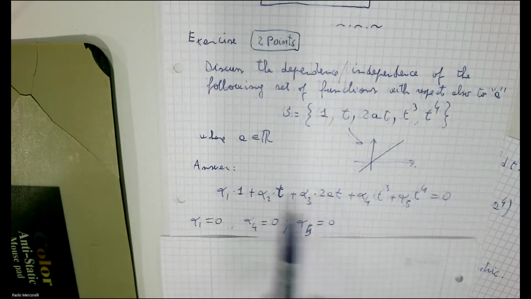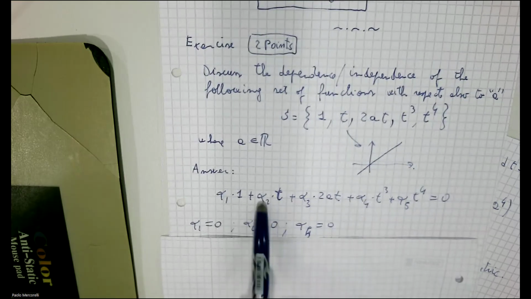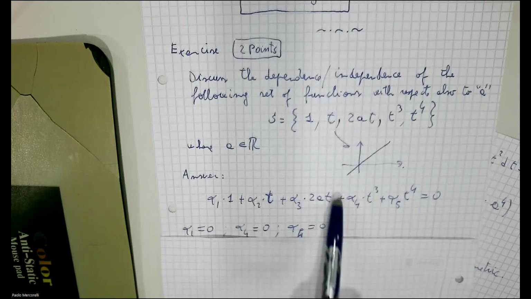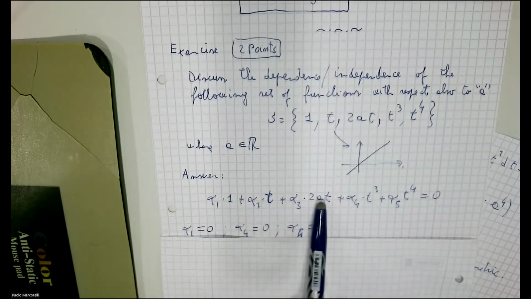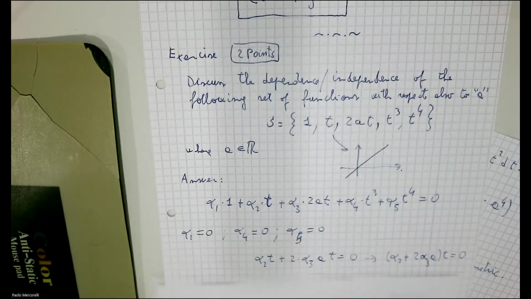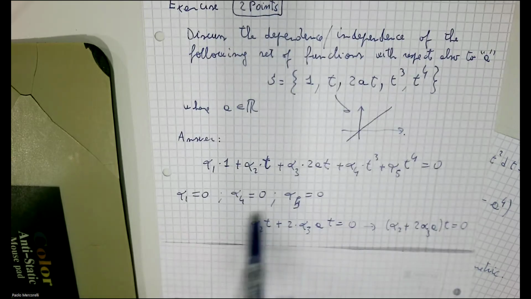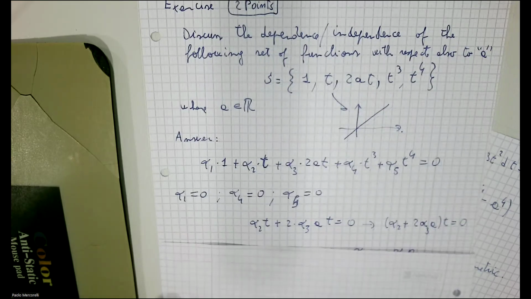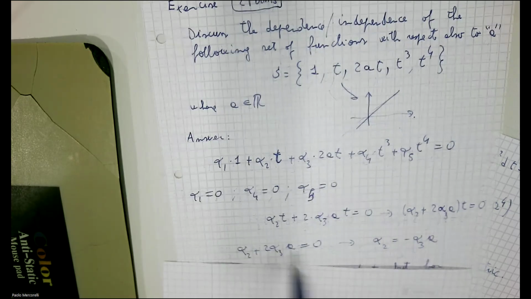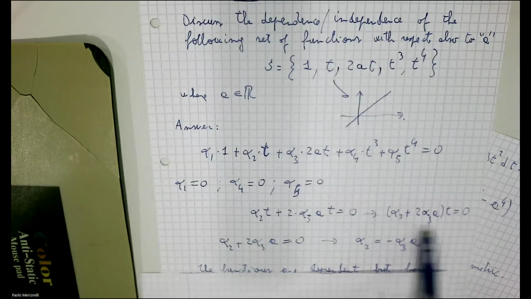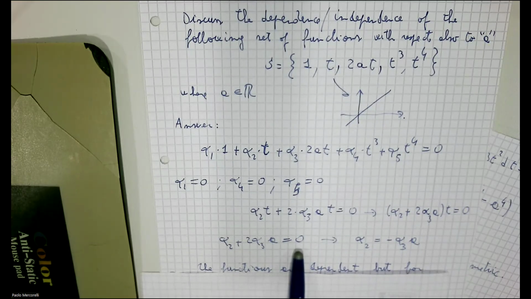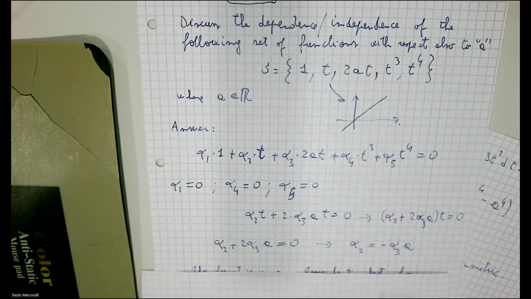In order to understand better, look at this. These two elements are characterized by t. This element is alpha 2 multiplied by t, this element is a alpha 3 multiplied by t. This means, if you consider this expression here, this must be discussed. Because look at this. If this element inside this parenthesis is equal to 0, of course, it could happen that not necessarily alpha 2 and alpha 3 are 0.